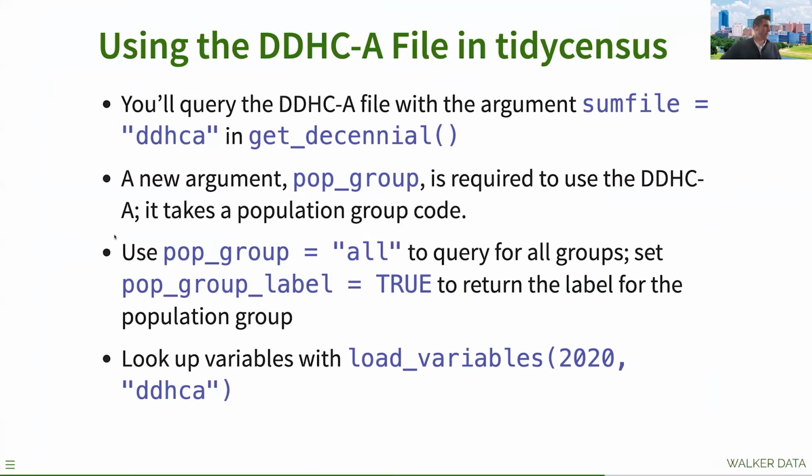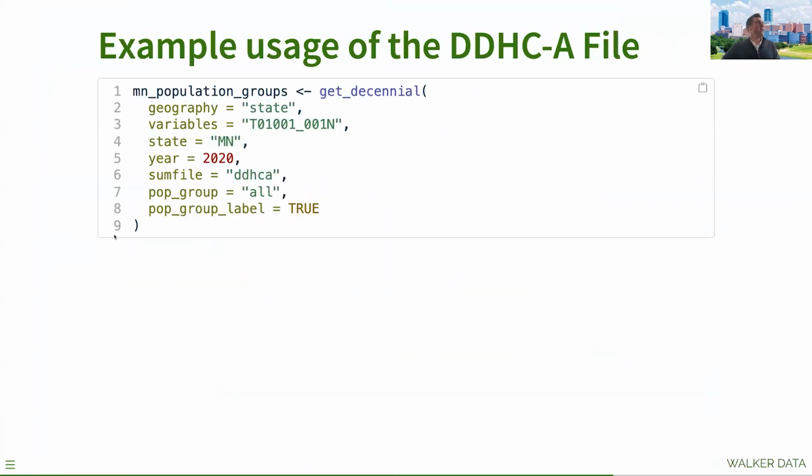Let's look at our first example here. So we're going to go to the state of Minnesota, and we're going to say, okay, at the state level, I want to get the total population, and I want to get it for all of the groups. So here's total population. I'm using some file equals DDHCA.